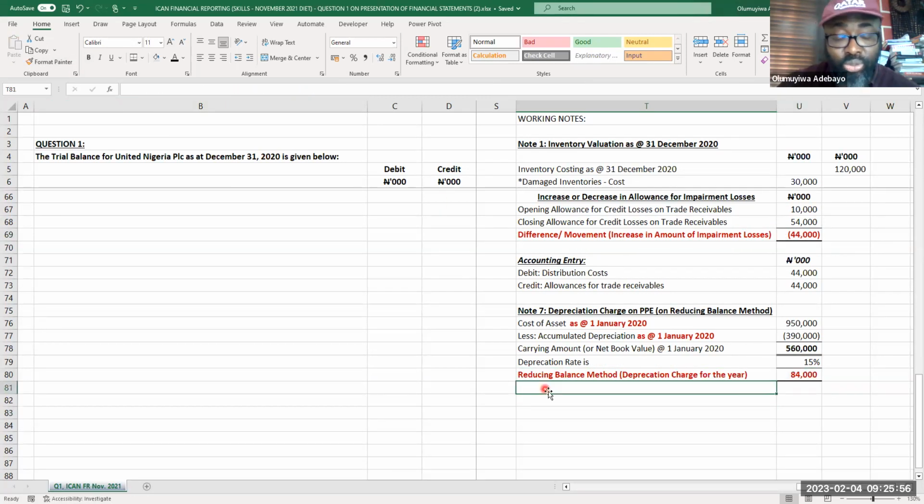Let me now ask a question. What if it is on the straight line method?